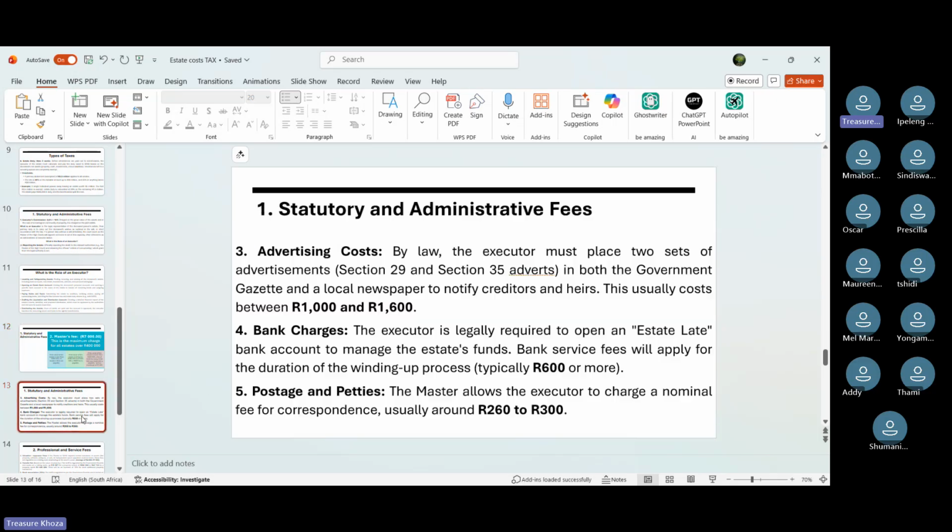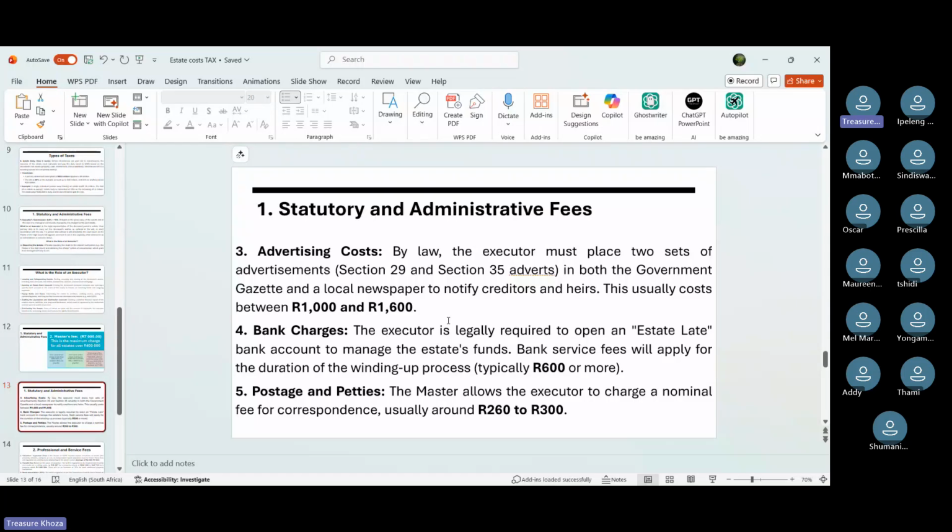Still on the statutory fees, you also have to pay what they call advertising cost. By law, the executor must place two sets of advertisements, according to Section 29 and Section 35, in both the government gazette and the local newspaper to notify creditors, and this usually costs between 1,000 and 1,600. Some will say two advertisements at 800 each makes 1,600. So the executor that you have appointed will also need to advertise your estate to make sure the creditors are notified, and even the people who are going to inherit your wealth are notified.